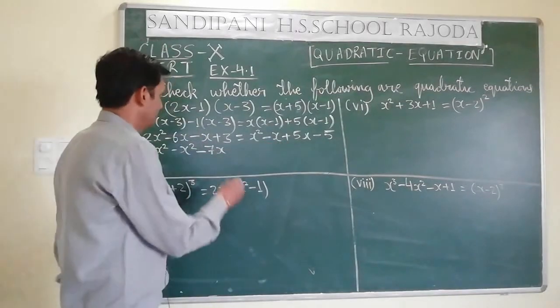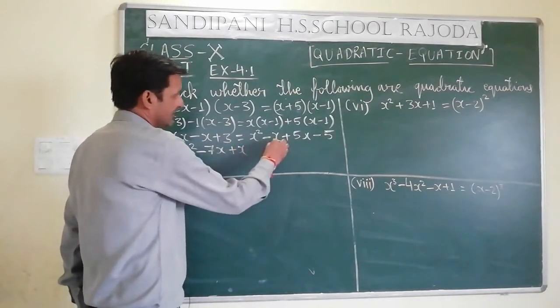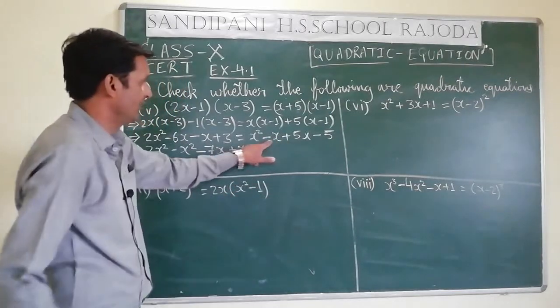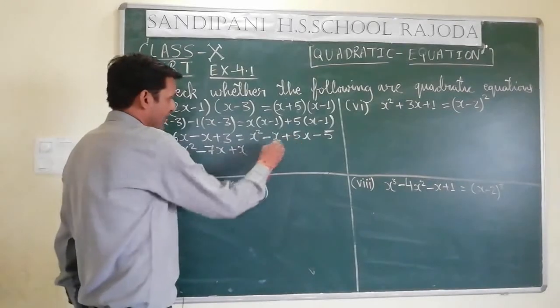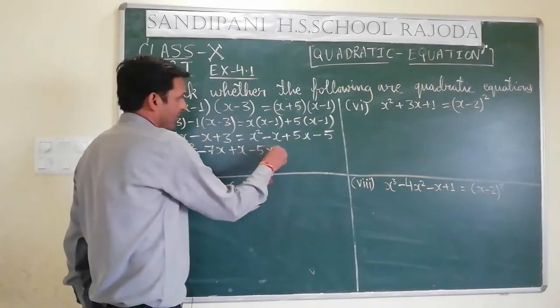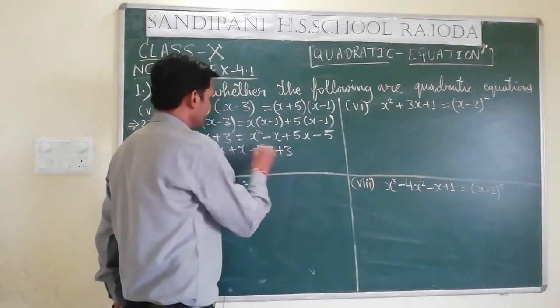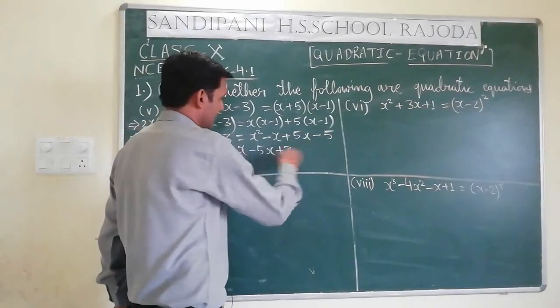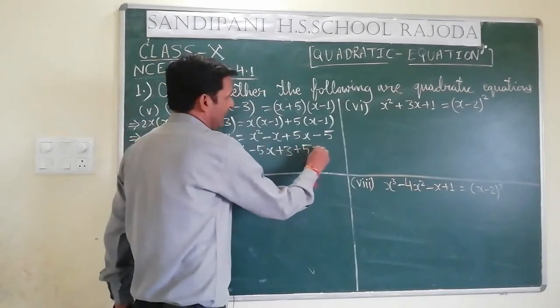minus 6x minus x is minus 7x, it is plus x, this minus x is shifted from RHS to LHS, then it will become plus x, and this 5x is shifted, it will become minus 5x. Now plus 3, it is plus 3, and this minus 5 is shifted from RHS to LHS, it will become plus 5, is equal to 0.